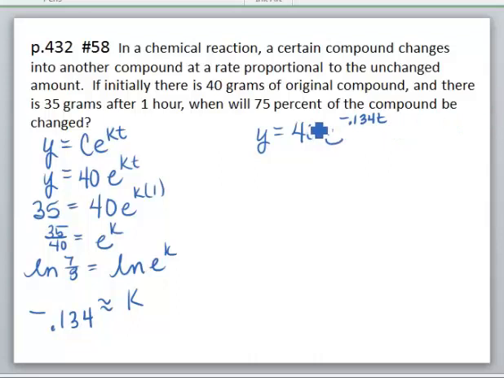And it will allow me to figure out at what time 75% of the compound will have changed. Initially there's 40 grams of the original compound and then there's 35 grams after 1 hour, so 5 grams of them have been changed. We want to know when 75% of the grams have been changed, so when it's down to 10.